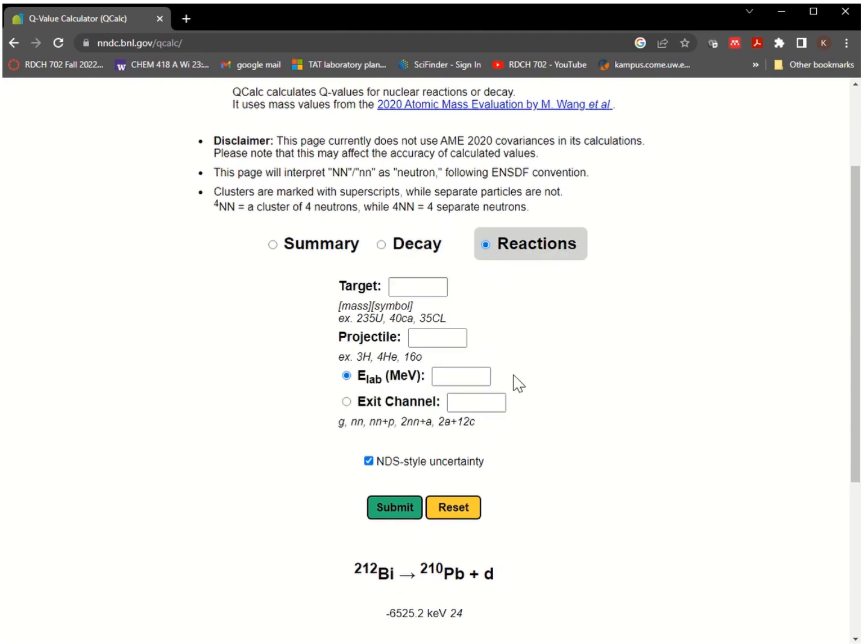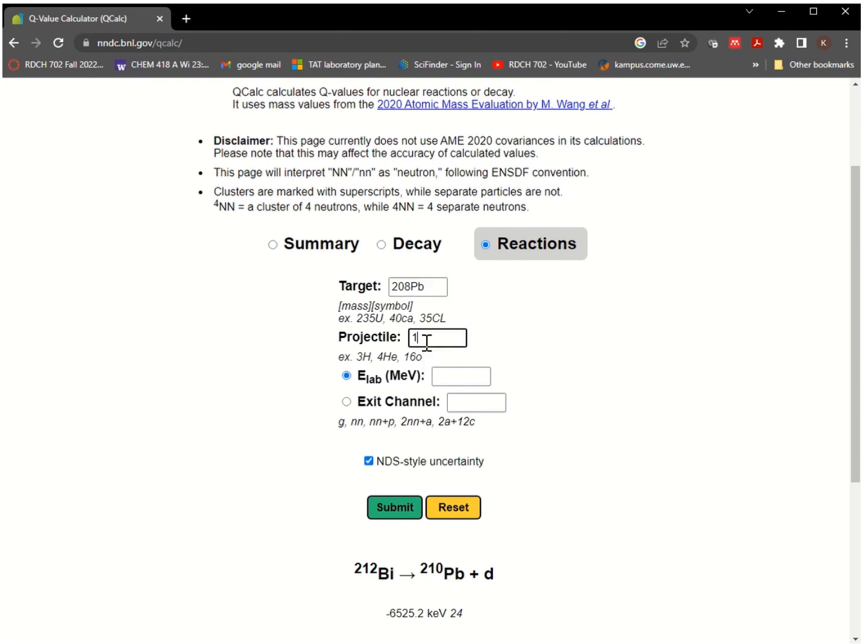Now, this Q value website can not only be used for the decays, but also for nuclear reactions. As we discussed in a previous slide, we're showing reactions with iron, but let's take a classic reaction. Let's take lead-208, and let's turn it into gold.